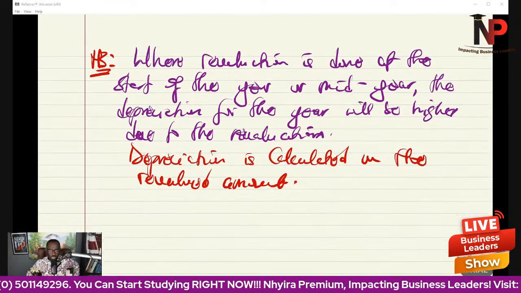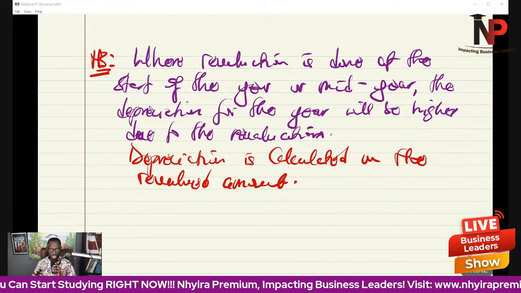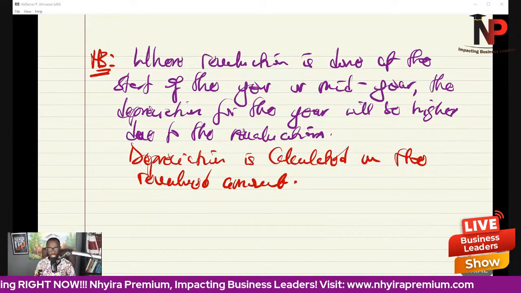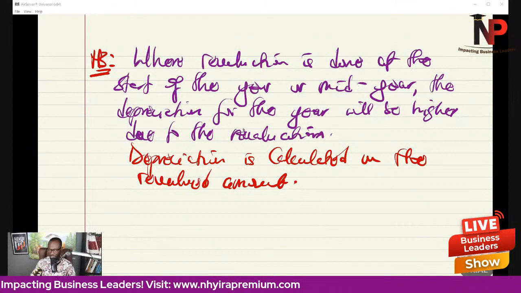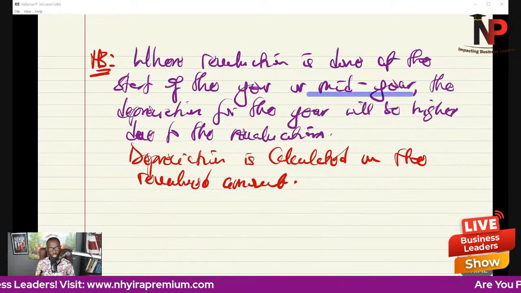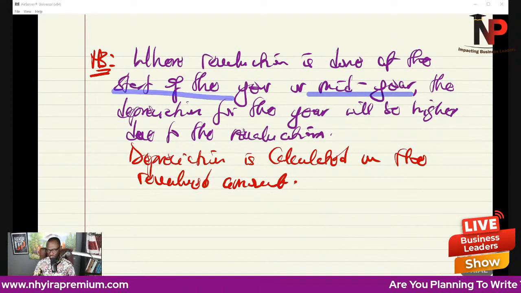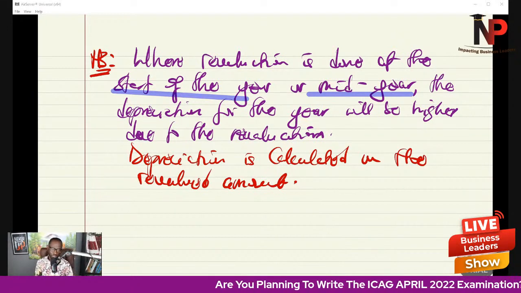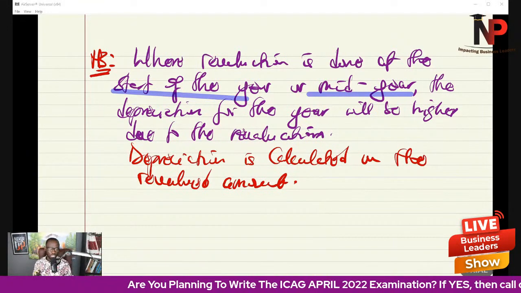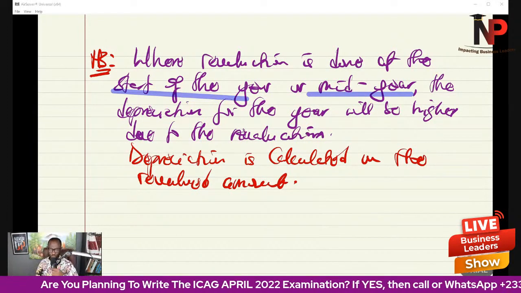So what we are saying here is that when the asset is revalued and it results into a revaluation surplus or revaluation gain, and especially the asset was revalued midway through the year or at the start of the year, then the depreciation for that year will be based on the revalued amount. For that reason, we are likely to charge more depreciation than we are supposed to charge.